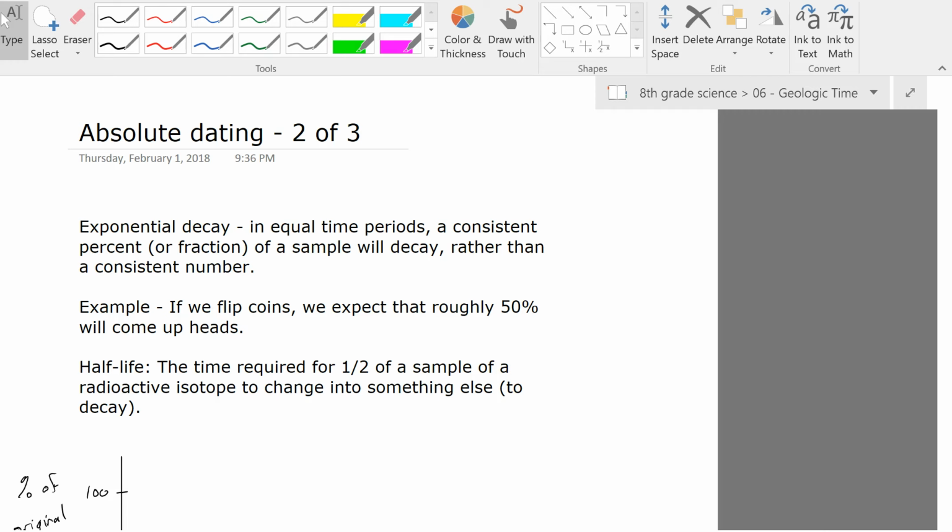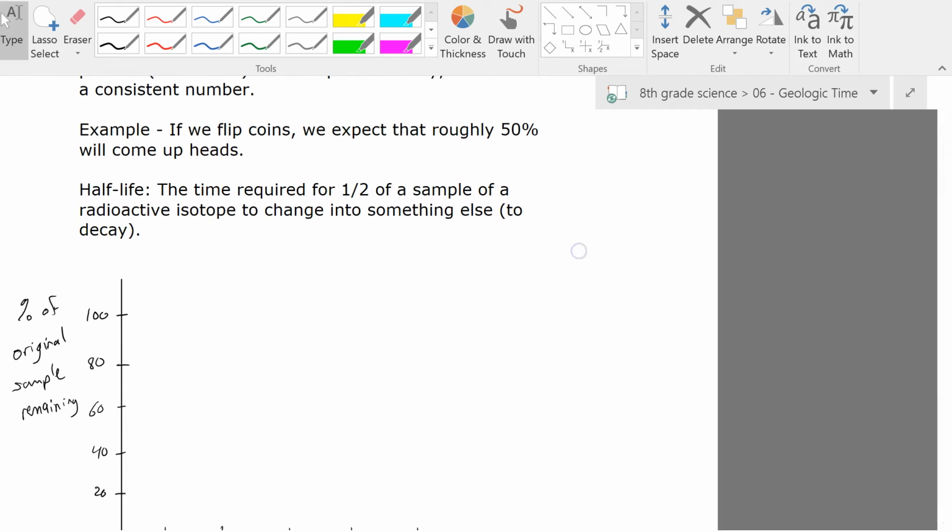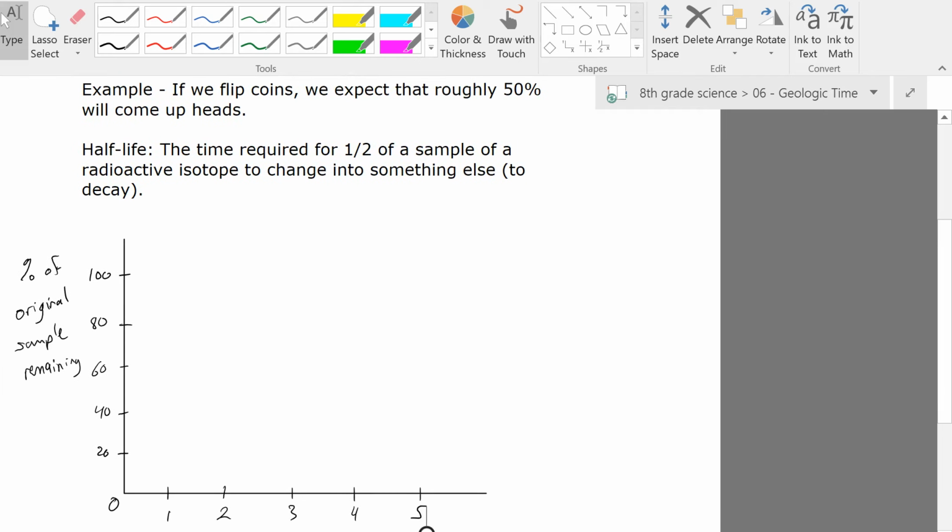So after a certain amount of time, half of our sample will have decayed or changed into a different type of atom, a more stable atom. That amount of time we're going to call the half-life. And again, it's not the same number of atoms each time. It's half of the number that we start with.